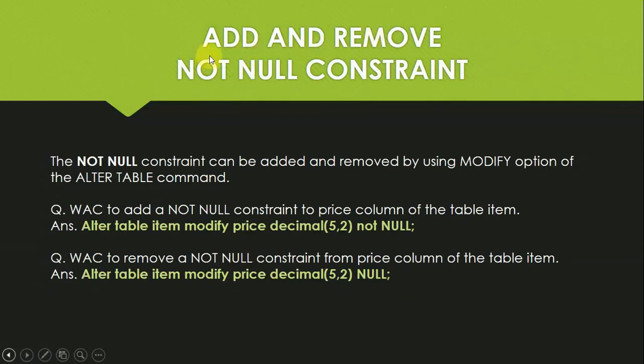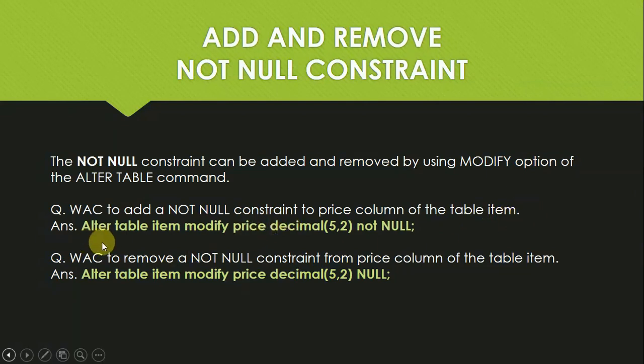Let us see how we can add and remove the not null constraint. The not null constraint can be added and removed by using the modify option of the alter table command. So suppose the question is to write a command to add a not null constraint to the price column of the table item.